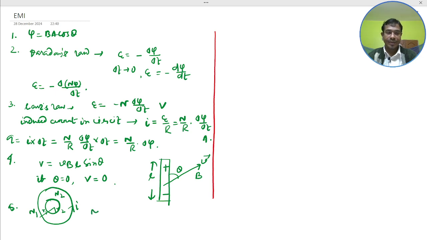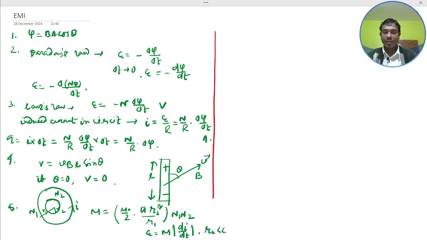For this we write the mutual inductance M is mu naught by 2 pi, R2 square by R1, N1 N2, and the EMF in the smaller loop is epsilon equal to M di by dt. This is for R2 much less than R1.